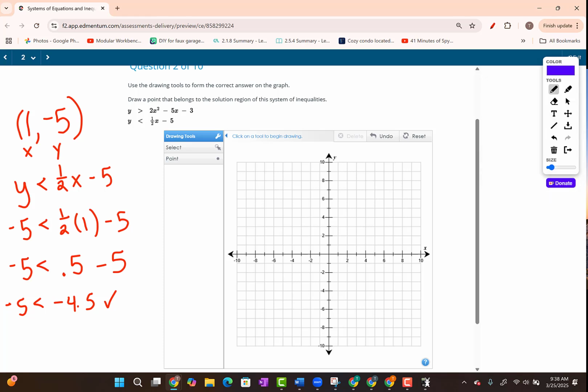And we're going to check it again for y is greater than 2x squared minus 5x minus 3. We're replacing y with -5. We're replacing x with 1.